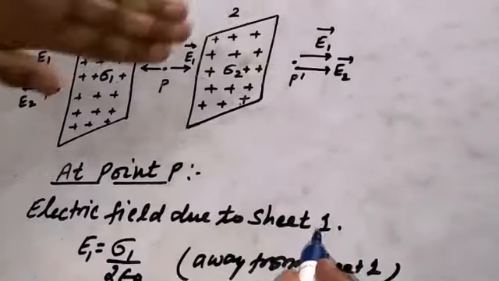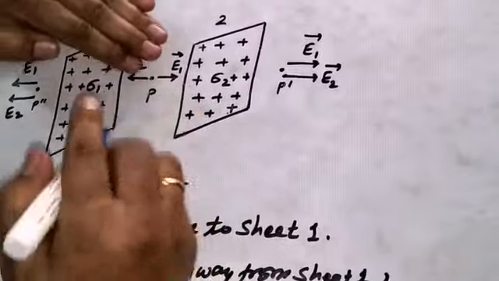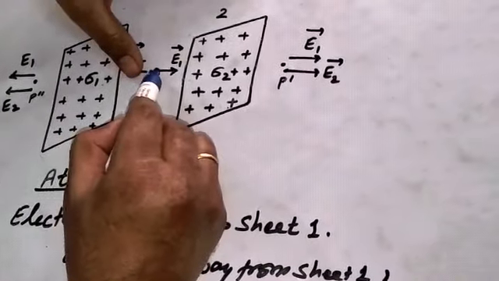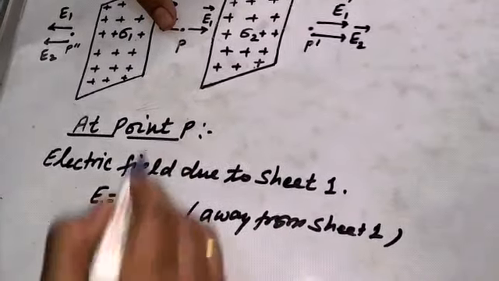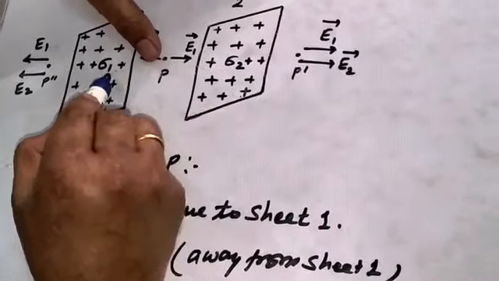It means you forget all these other things here. Only take the electric field due to this sheet of charge at point P, which is E1, whose magnitude is sigma 1 upon 2 epsilon naught, and it is directed away from sheet 1.